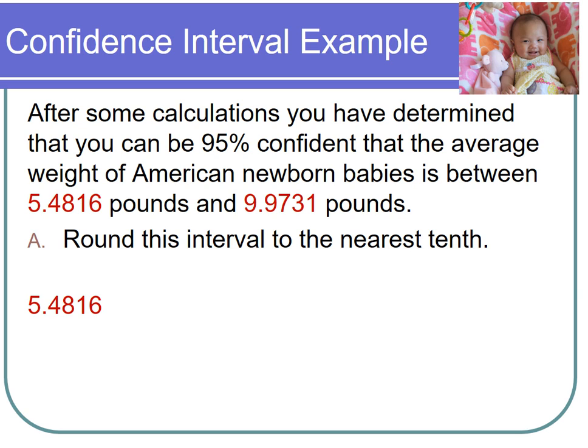To round the interval to the nearest tenth, let's first round the number 5.4816. We want to round to the nearest tenth. So notice that the tenths digit is 4.